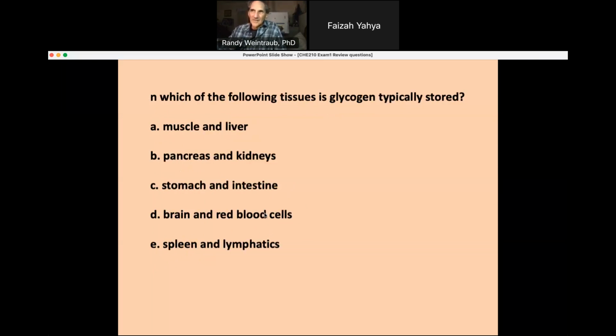In which of the tissues is glycogen typically stored? Again, this one is just highlighting, it may have been mentioned, but we talk more about it in chapter 4. Won't see this question in this exam. But glycogen is storage of glucose in the muscle and liver.